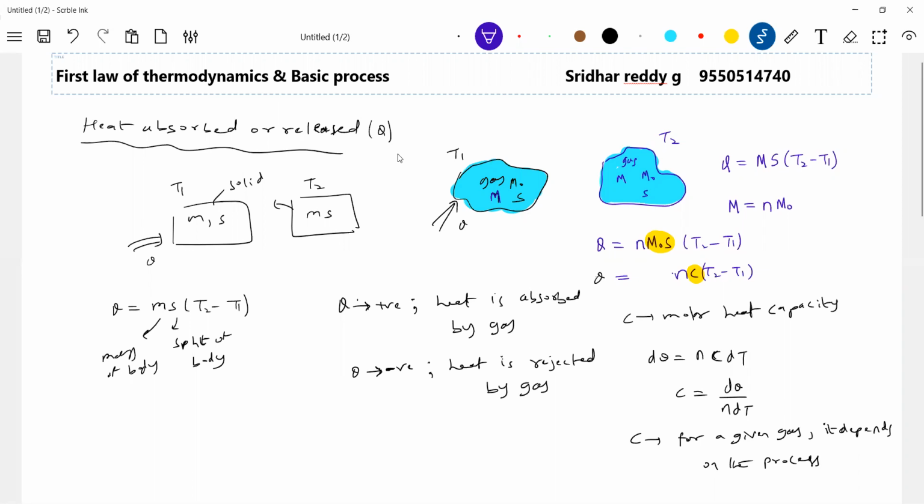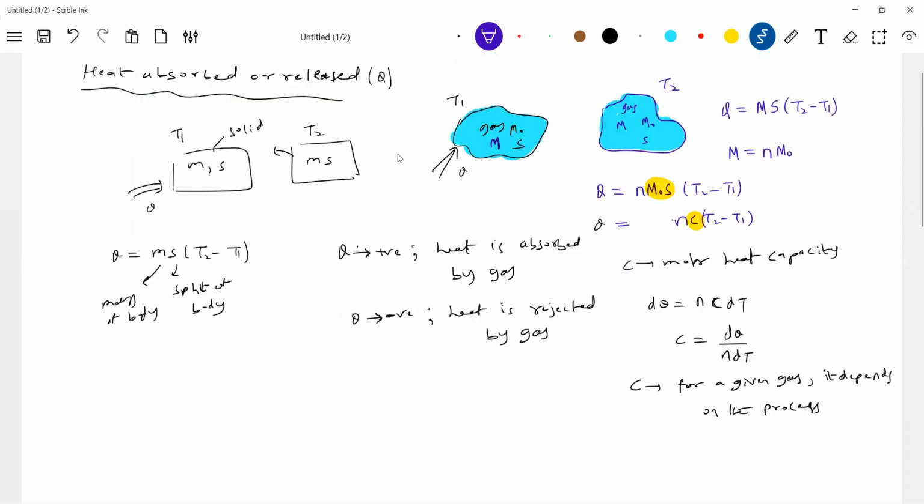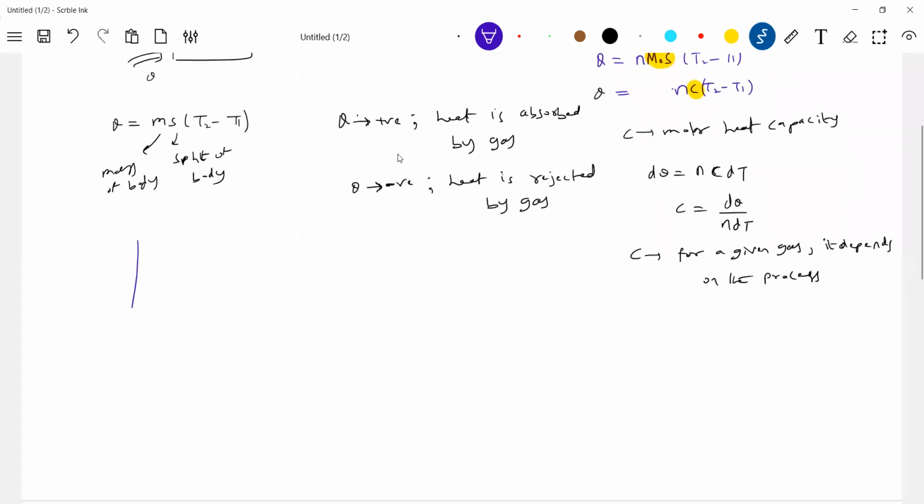How to supply heat to a gas? Just put a Bunsen burner flame nearby. Okay, you take the gas in a container. How to supply heat? So what are the processes? So I'll take the Bunsen burner.